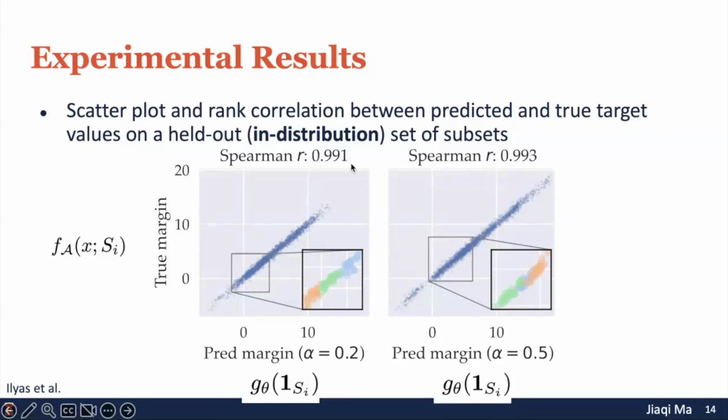It's as high as 0.99 in both of these cases. So this evaluation can be viewed as an extension of the leave one out rank correlation metric, which we introduced in our last meeting for influence functions. Now, instead of leave one out sets, we're evaluating on random subsets.